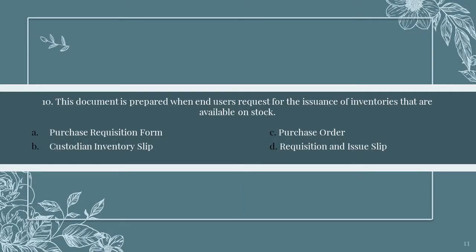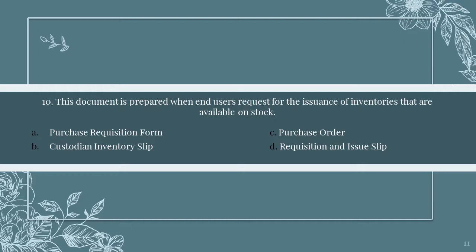So last but not least, this document is prepared when end users request for the issuance of inventories that are available on stock. Letter A, purchase requisition form. B, custodian inventory slip. Letter C, purchase order. And letter D, requisition and issue slip.